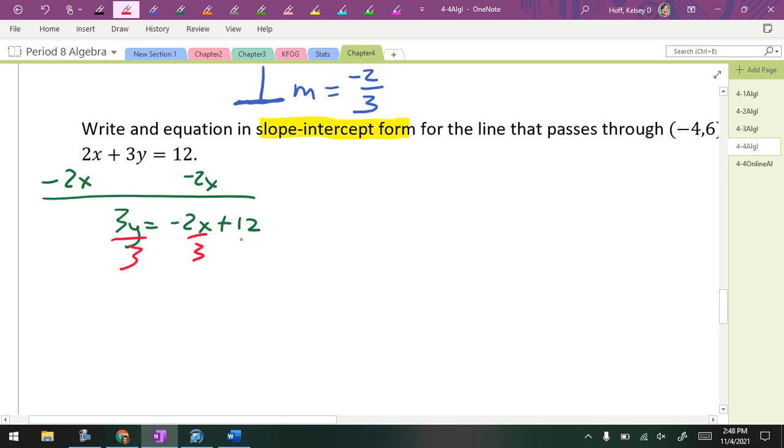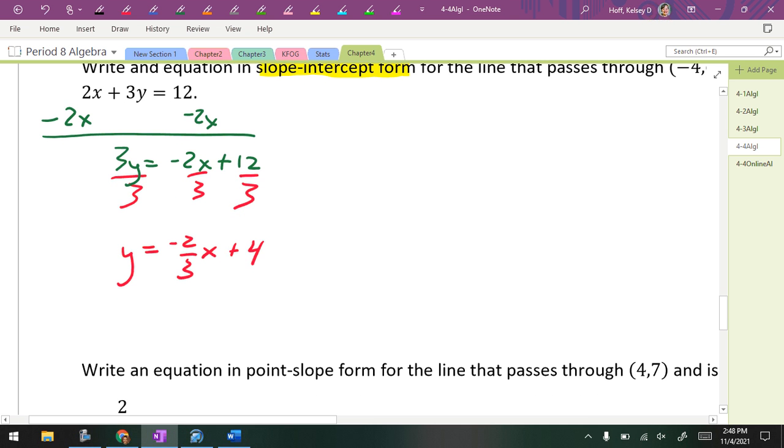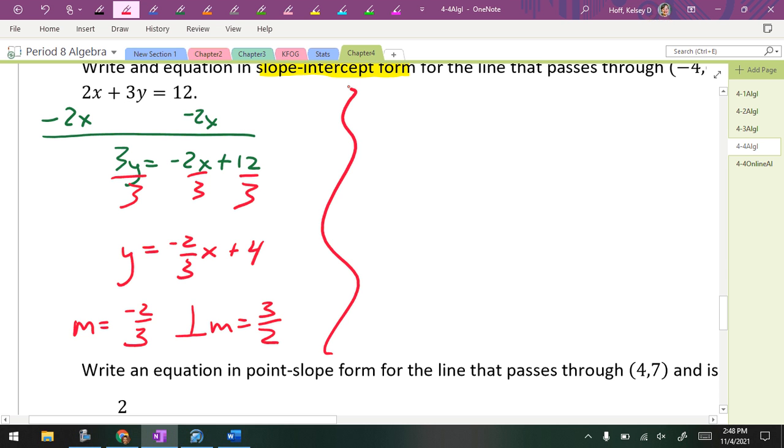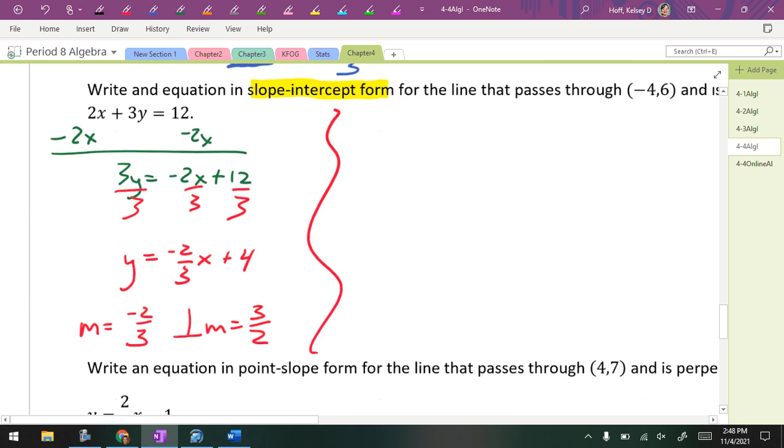Divide by 3. Y equals... So currently the slope is negative 2/3, but I want which one? Perpendicular, which is 3/2, positive 3/2. So I always draw myself like a little line.